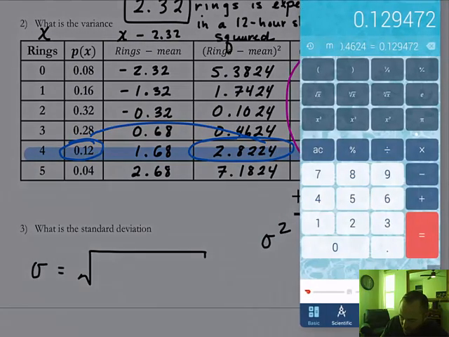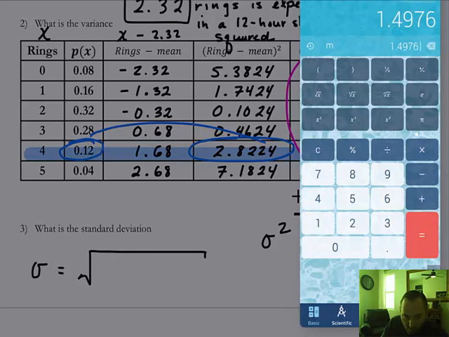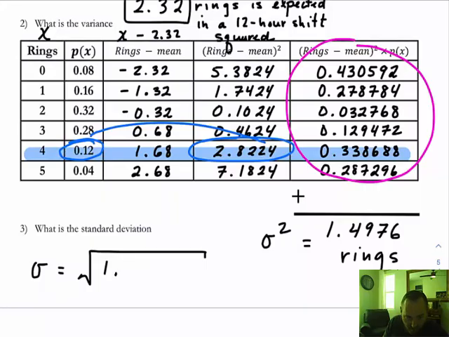Let's go and grab a calculator and do that. Let's take the square root again of the 1.4976. Okay, so that number there, that's going to be our answer, the 1.22. Then we can finally round that one.